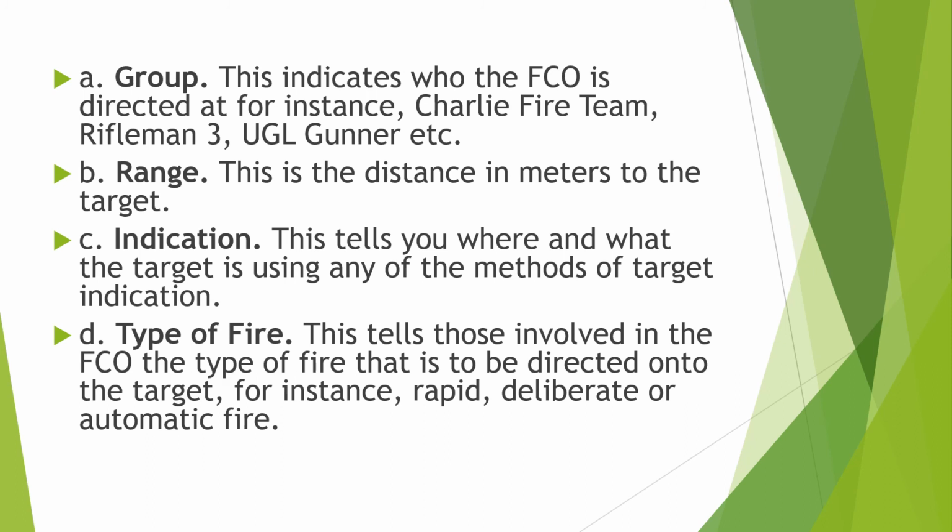Indication. This tells you where and what the target is using any of the methods of target indication. Type of fire. This tells those involved in the fire control order the type of fire that is to be directed onto the target, for instance, rapid, deliberate or automatic fire.